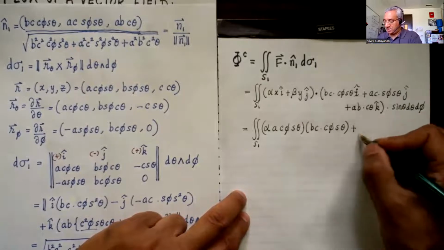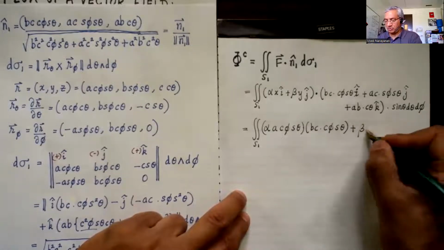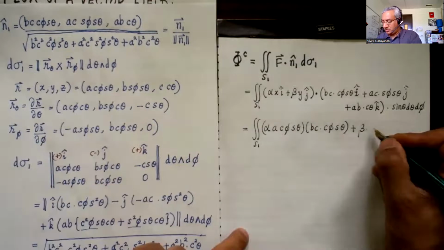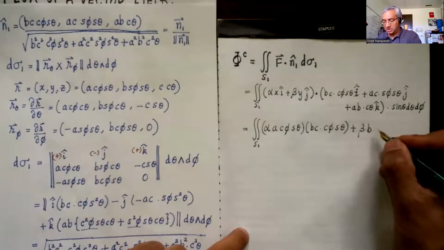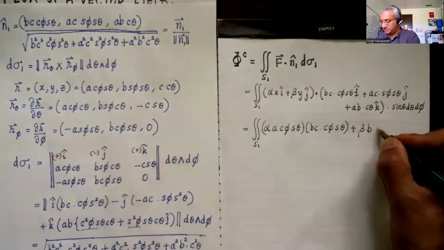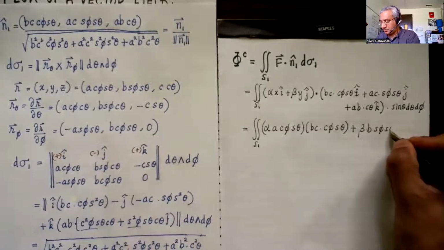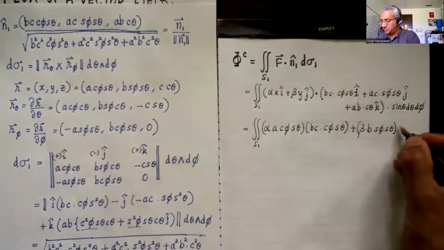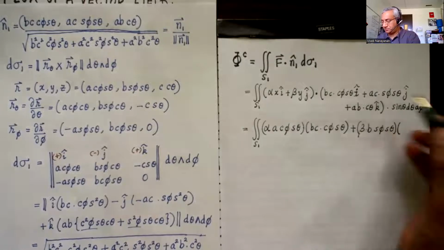plus beta times y, which is B sine phi sine theta times this.